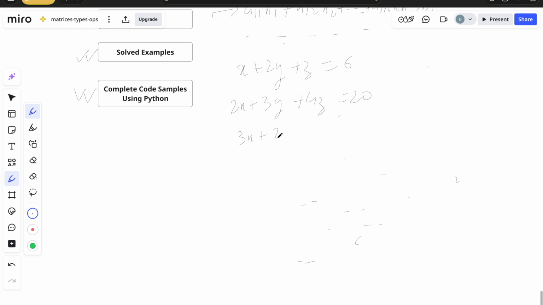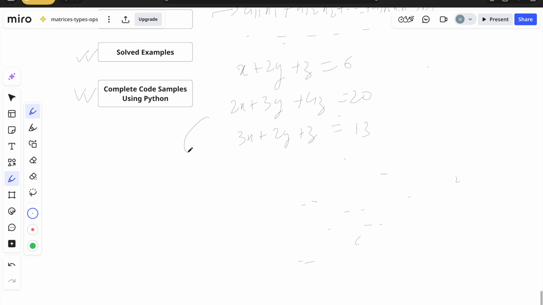So let's consider a system of equations like this first, and then try and solve it. I will show two examples here. Let's say, for example, we have a system of linear equations like x plus 2y plus z is equal to 6, 2x plus 3y plus 4z is equal to 20, and then 3x plus 2y plus z is equal to 13.